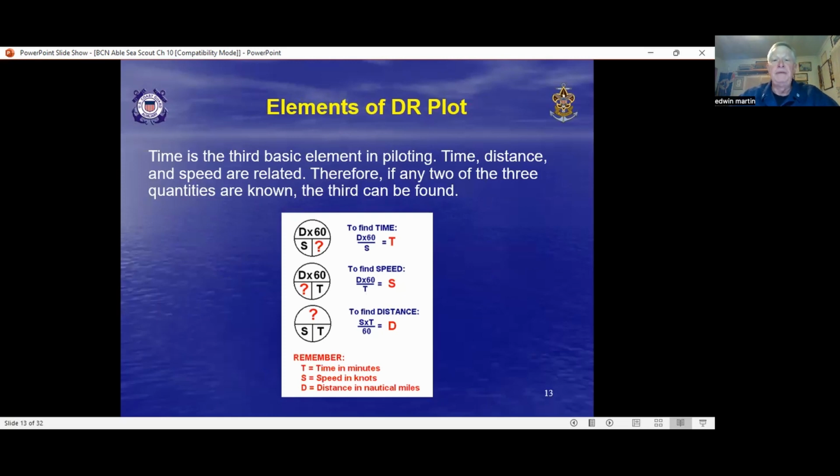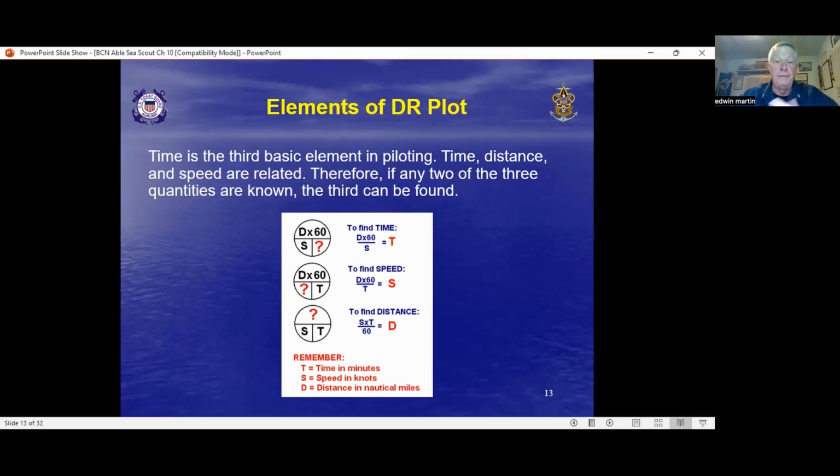The elements for the DR plot are time, speed, and distance. This is the third element. If you know any two of these components, you can always figure the third.